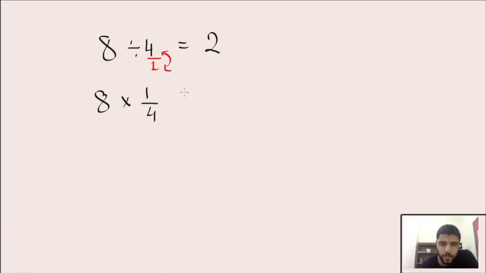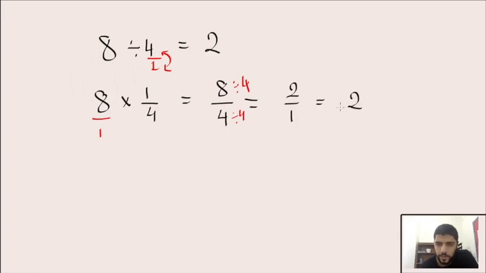And 8 times 1 over 4 equals, if you follow the fraction rules, 8 times 1 is 8, 1 times 4 is 4. So it's 8 over 4. And then, if we simplify, we can divide both by 4, because they're both multiples of 4, and we'll get 2 over 1, which is just 2 in the simplest form.